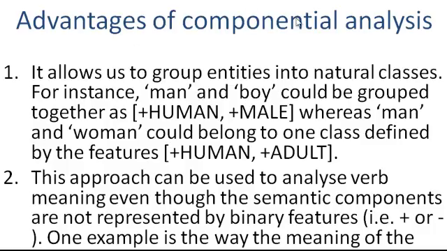Componential analysis has some advantages, and now we're going to consider these advantages. When we're looking at man and woman, as well as boy and girl, we saw that these four words have certain things in common.